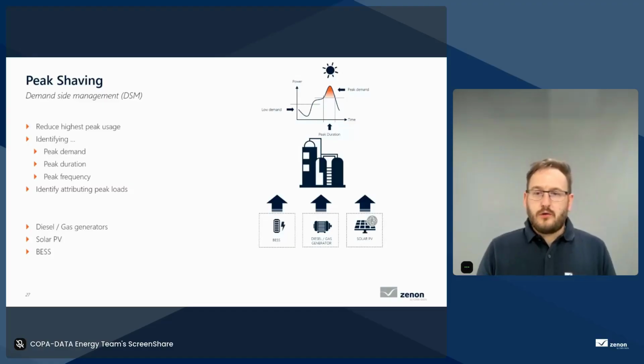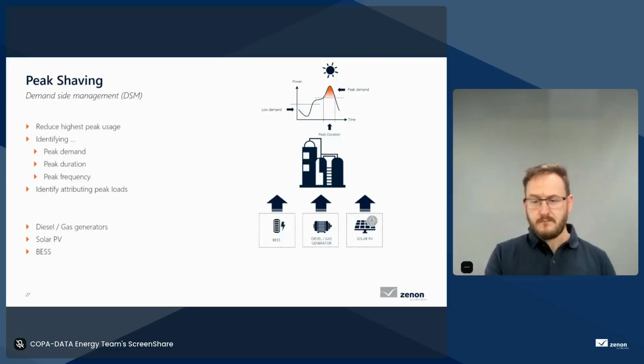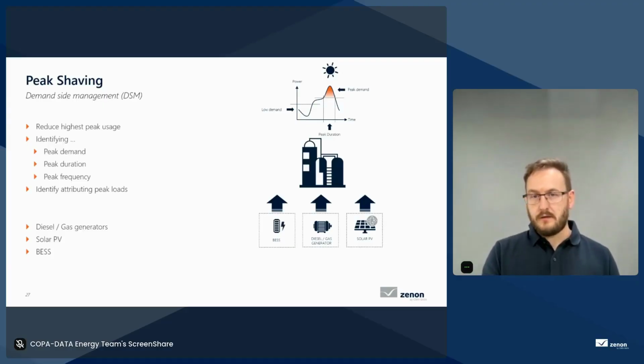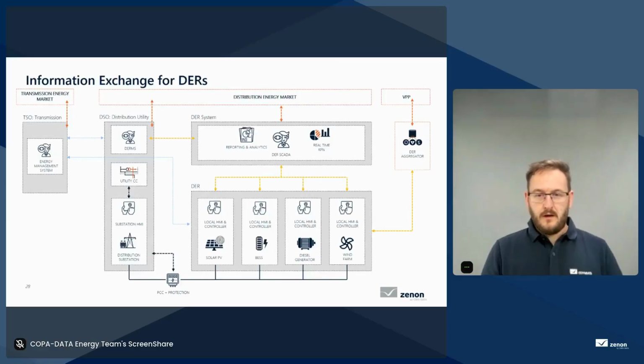This would mirror perfectly the generation profile, for example, of a solar PV, if my main loads are air conditioning units, which typically run during the day for the heat. So these are just some considerations which we can look into as to, one, our DER use cases, and two, which technologies are the best fit for our requirements.